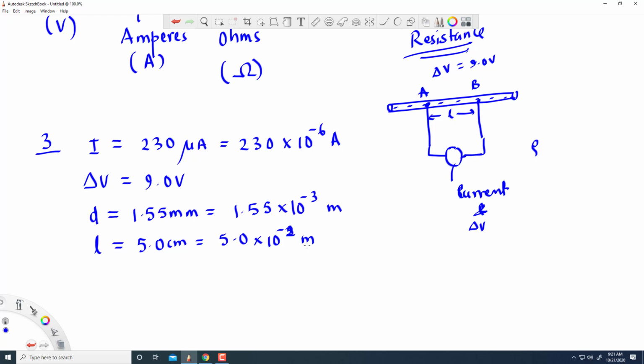Okay, so that's the given information, and with that information we are asked to find rho.